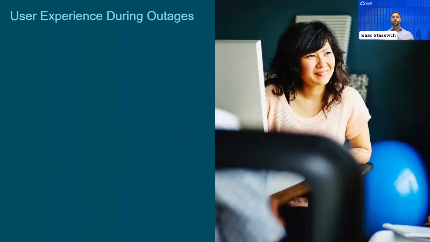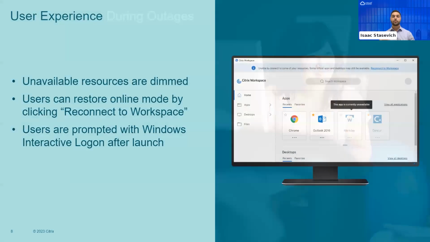So next is, what is this going to look like for our end users? If an outage comes up and one of those services goes down, how is this going to impact our end users? What are they going to see? From the workspace app, the self-service side of things, any unavailable resources are going to be dimmed. That would be mostly SaaS apps or on-prem aggregated apps.